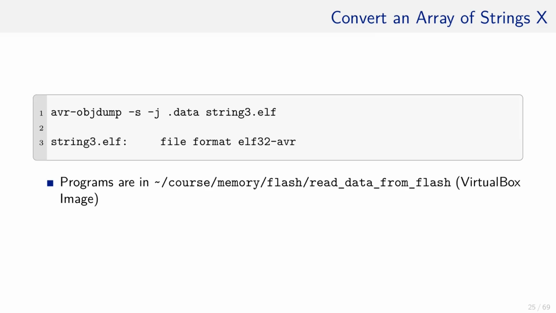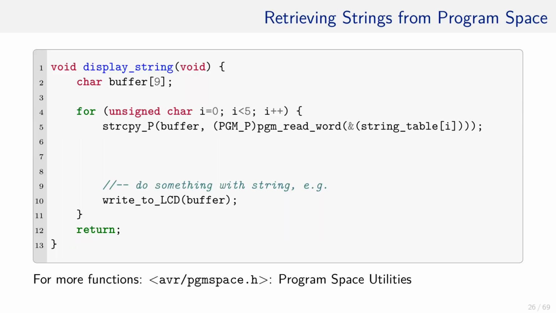After storing the strings into the program space, the question is, how do we access them by now? In this example, we take the address of a particular entry in our string table. Given that address, pgm_read_word returns a pointer to the program space.